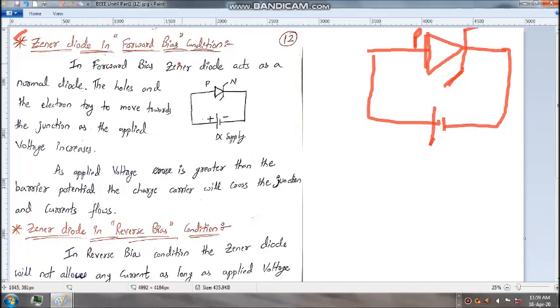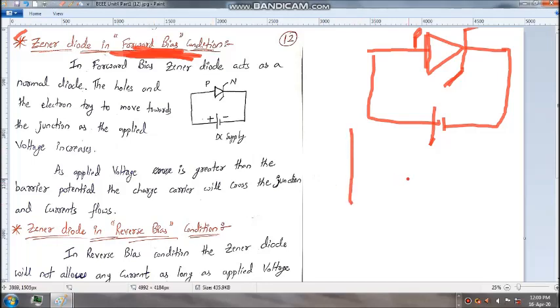Now what happens in the forward bias condition? The Zener diode will perform exactly similar to the normal PN junction diode in forward bias condition. So you can exactly copy the explanation which I taught you for the normal PN junction diode in forward bias. It will operate the same as a PN junction diode.